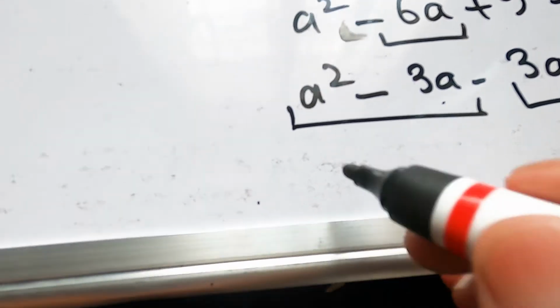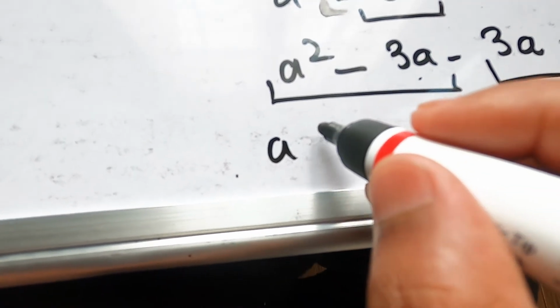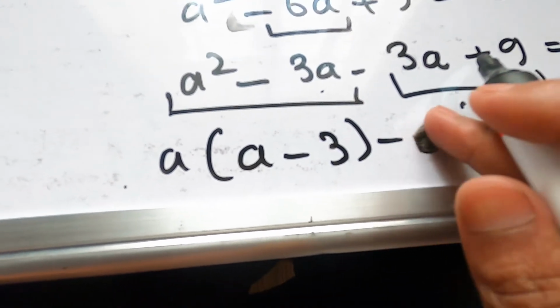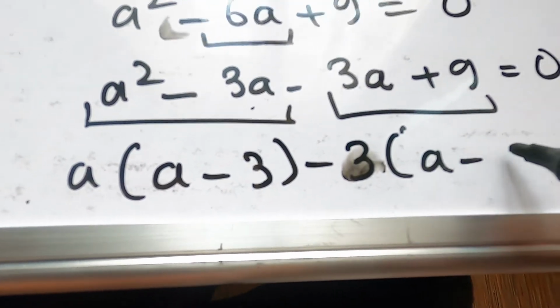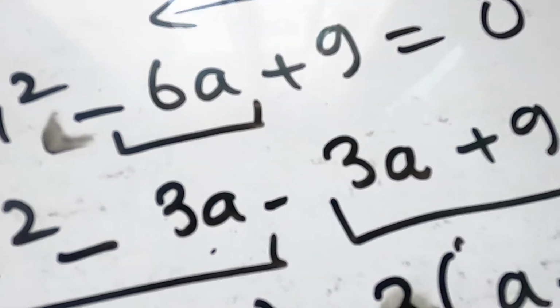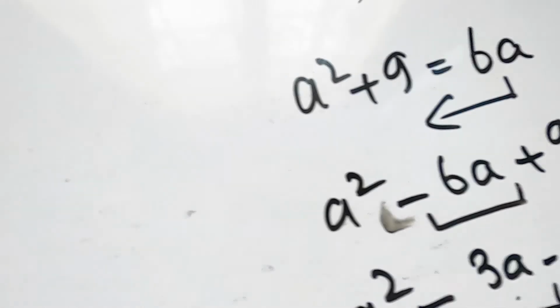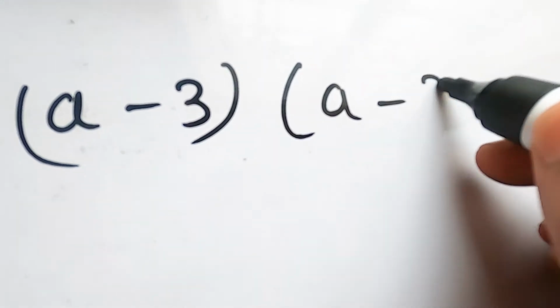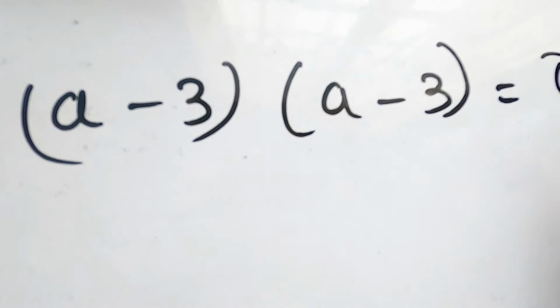So you group them into pairs. The common factor will be a minus 3 into (a minus 3) is equal to 0. All right, so next I will write it over here. So it will be (a minus 3)(a minus 3) is equal to 0.